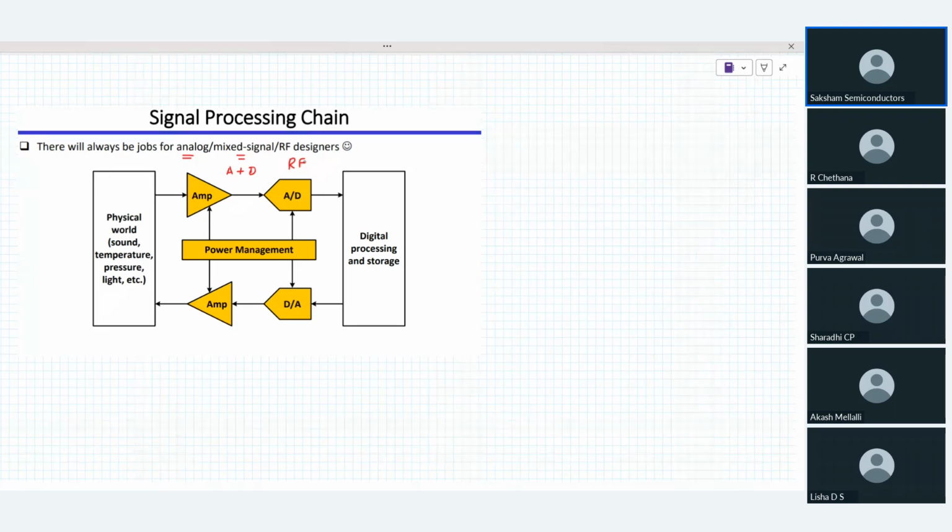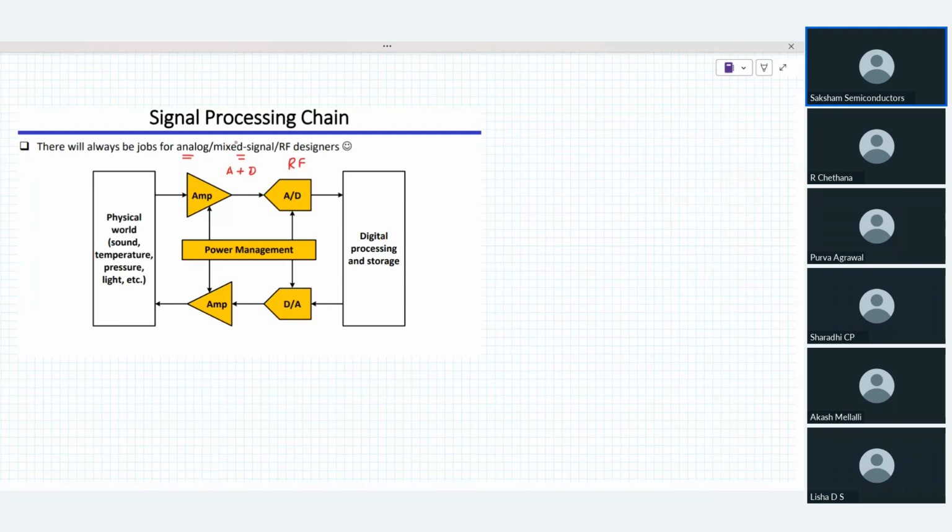At that level, they are working at very high speed, gigahertz level, where speed matters a lot, so your circuit design aspects will change slightly compared to low speed or low power design. That's how RF design comes into the picture.